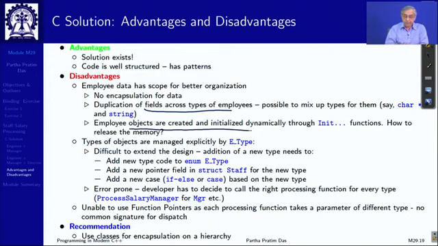Objects are created and initialized dynamically through init functions. So, what we have missed out is how to clean them up. I just wanted to keep the idea simple, but you see that as you need the init, you will also need to provide a way to clean up the memory, right.